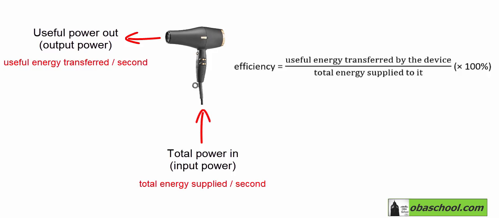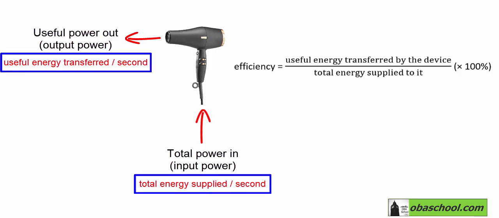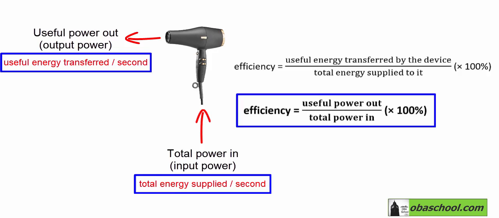So, since power is equal to the energy per second transferred or supplied, this efficiency equation can be written as efficiency equals the useful power out divided by the total power in multiplied by 100%.